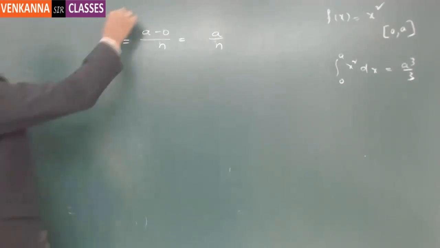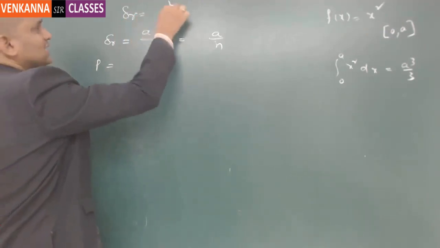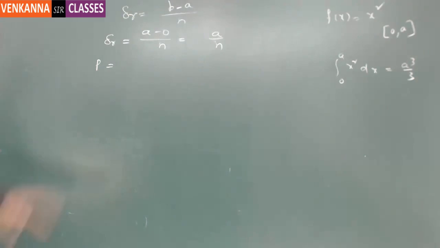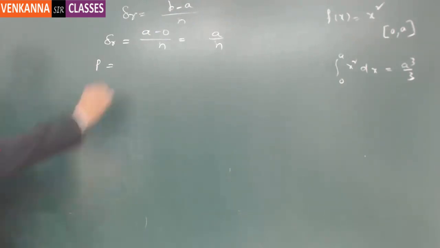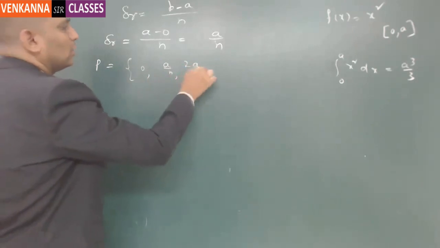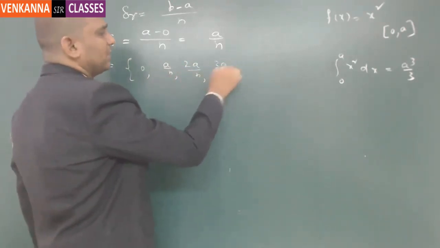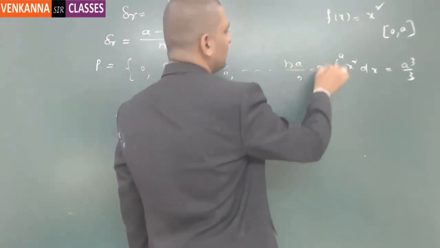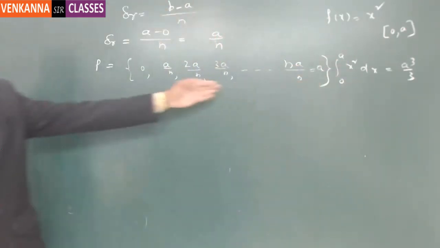The formula for delta r, the subinterval length, is b minus a by n. Upper value minus lower value, whole divided by the number of segments you are considering. So the partition is 0, a by n, 2a by n, 3a by n, so on, n a by n, nothing but a. This is the partition I am going to take.